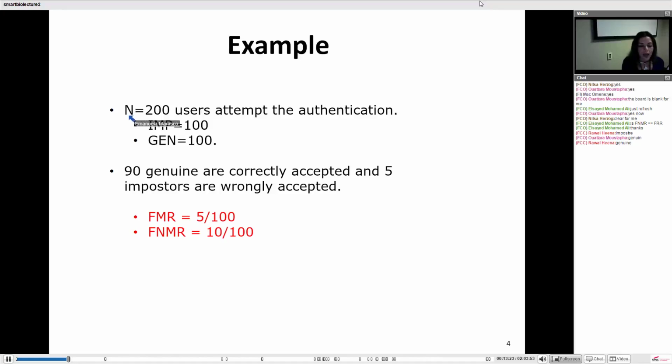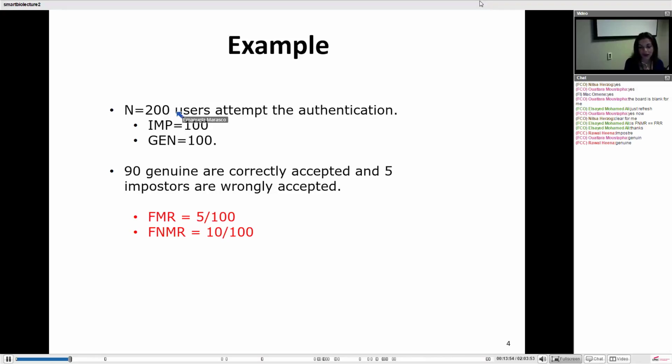Hopefully it's clear. We have, for example, a scenario where 200 users attempt the authentication, which means 200 users in total try to use the fingerprint recognition system that we have, for example, as the lock of an office door.